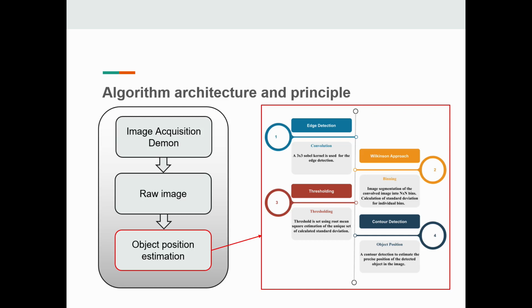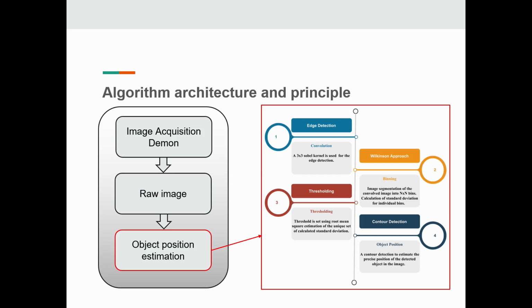The developed algorithm is very simple. It has just 4 steps. In the first step, it takes the raw image and performs edge detection. After the edge detection, comes the bin approach, where the image is segregated into bins of any size, depending on the requirement or the resolution.